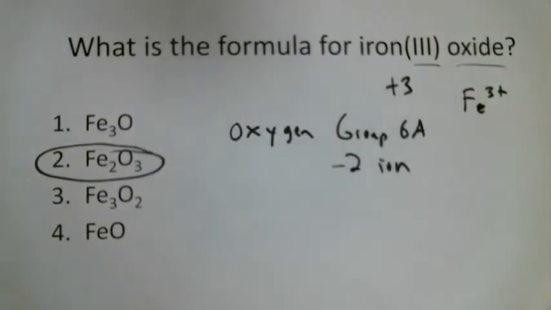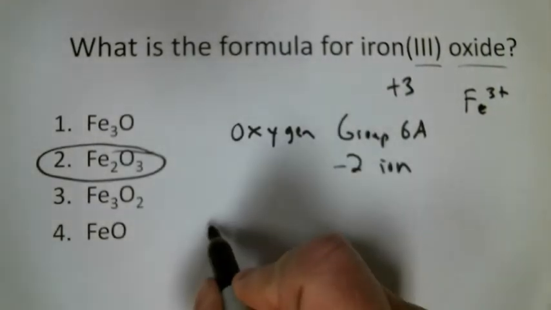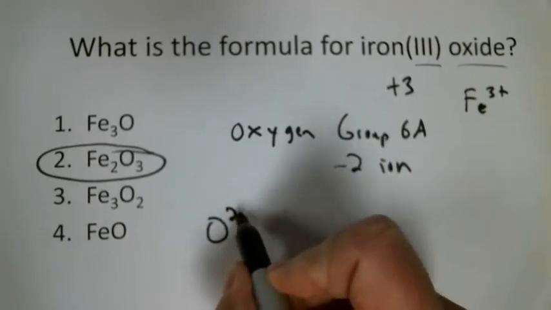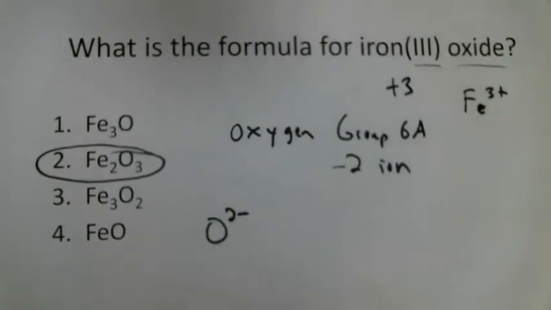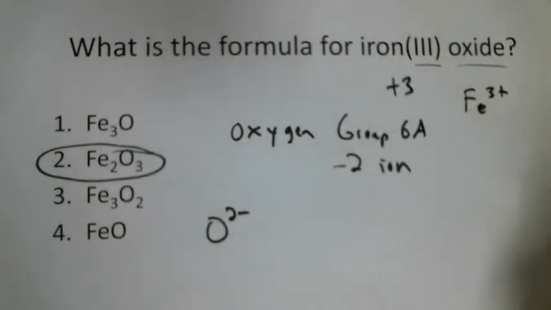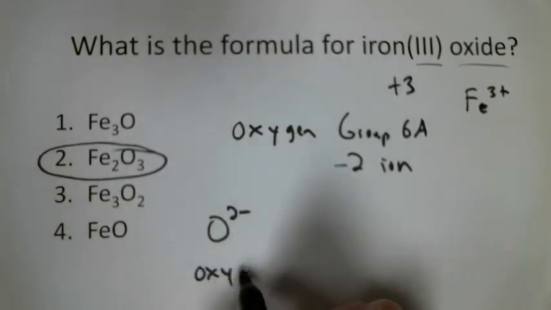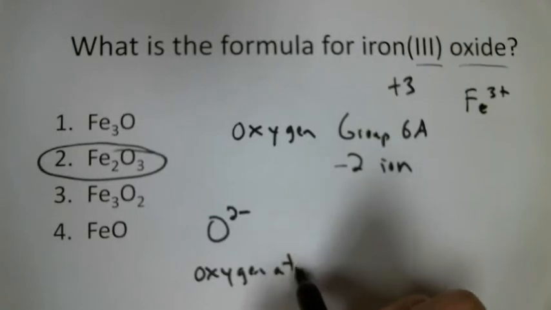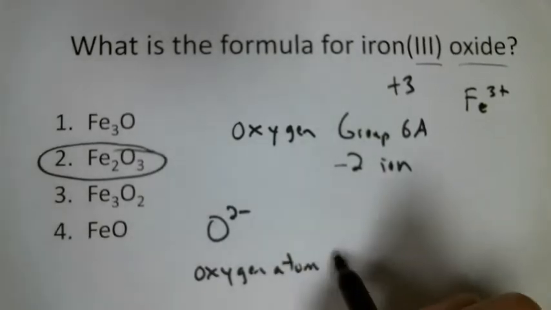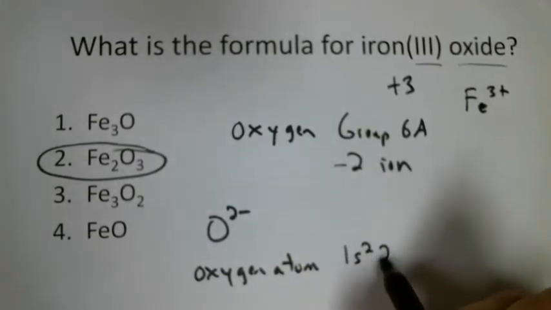But then in this chapter, we want to know, why is it that oxide's always a -2 ion when it's in an ionic compound? Well, the electron configuration for an oxygen atom, if you go through and do it, it's 1s2, 2s2.